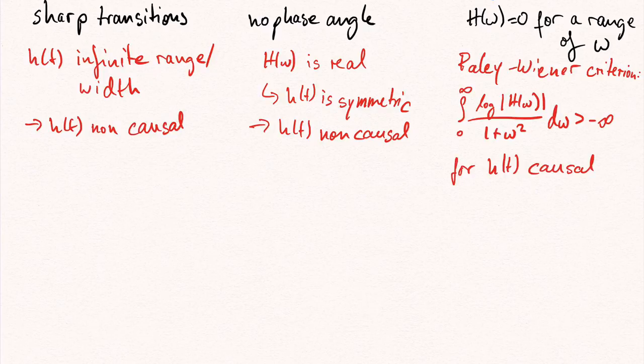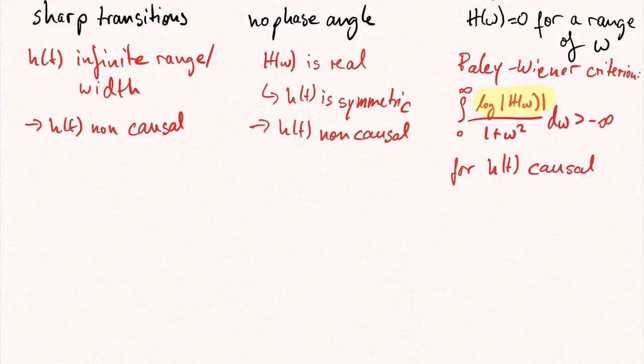But if h of omega would be 0 for a range of frequencies, then the logarithm of its magnitude would be minus infinity, which would lead to the integral being equal to minus infinity and not greater than minus infinity. This shows that no causal impulse response h of t can have a frequency response which is 0 for a whole range of omegas.